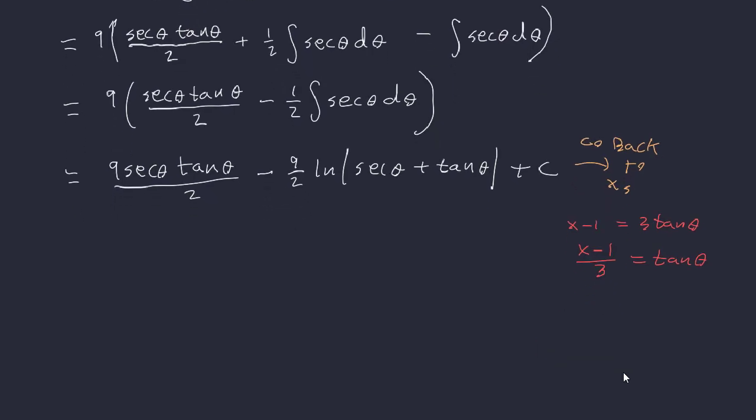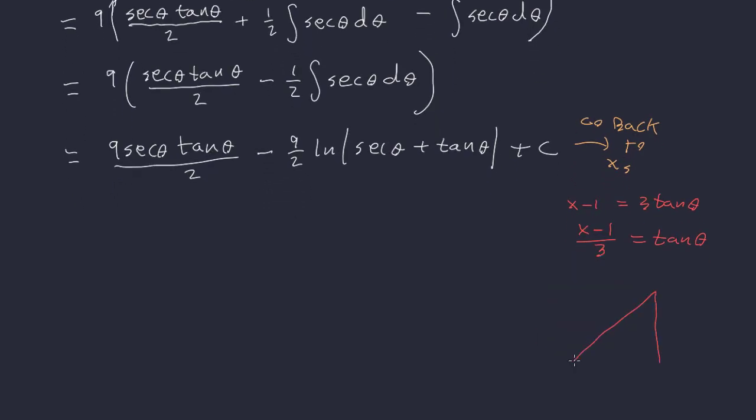So when we set up our reference triangle, remember tangent is the side opposite over adjacent. So opposite will be x minus 1, adjacent will be 3.